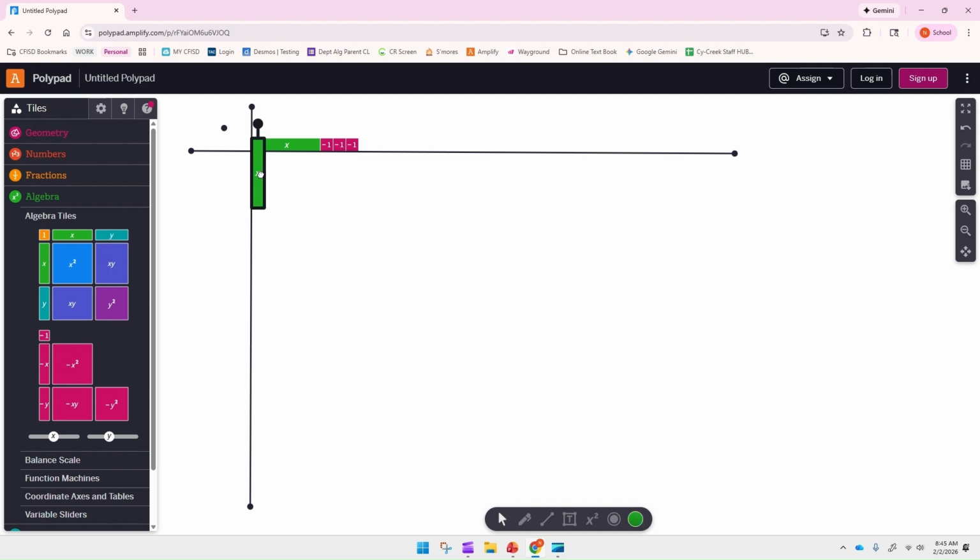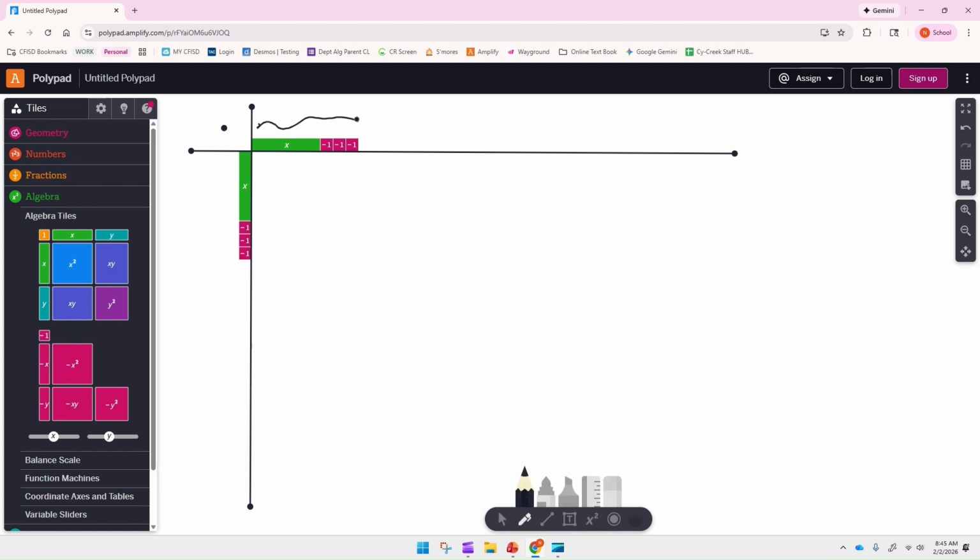And I have another x. And again, I have 3 negatives. I could have probably just copied the other one and just turned it sideways, but that's all right. Now, I have the x plus 3.